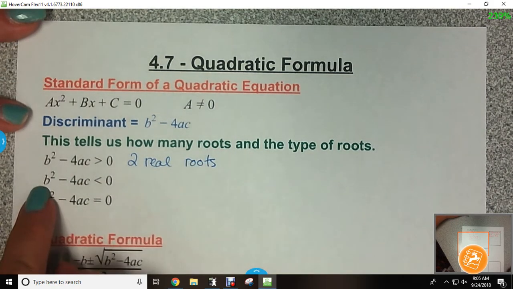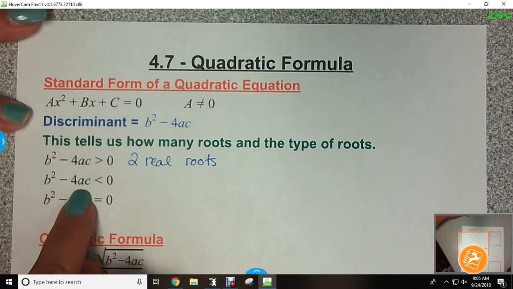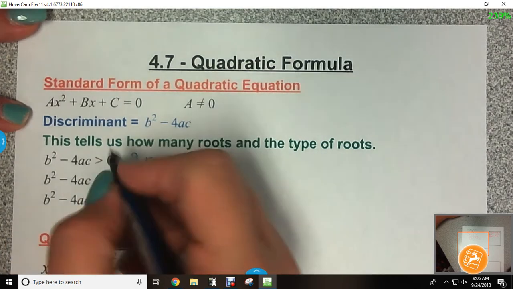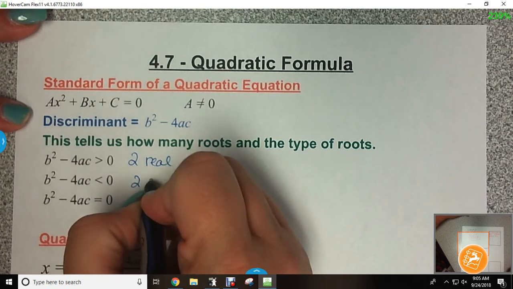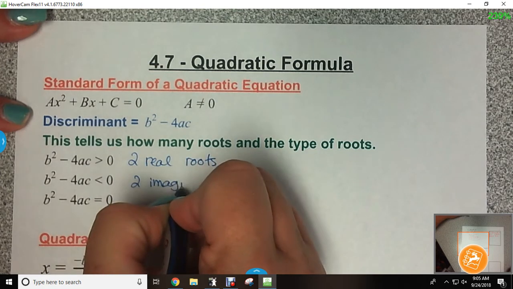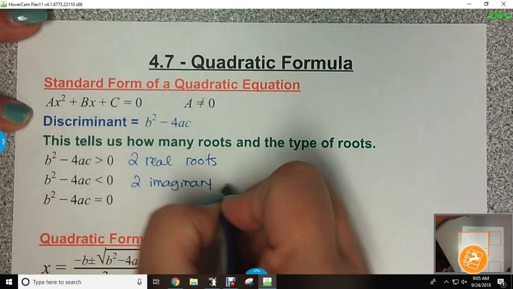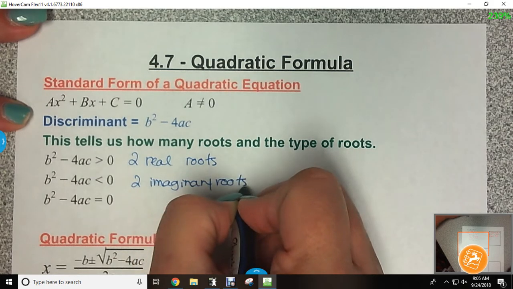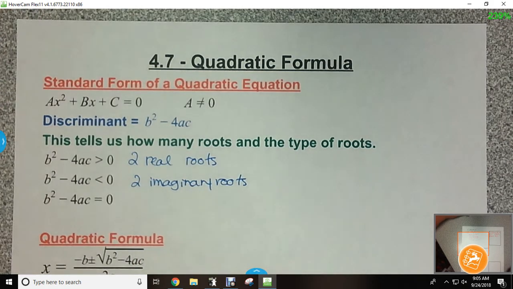Okay? When this same value happens to be less than 0, you're going to have 2 imaginary roots. What that means is you're going to have a negative number underneath the radical, and when you simplify it, there will be an i in your answer.